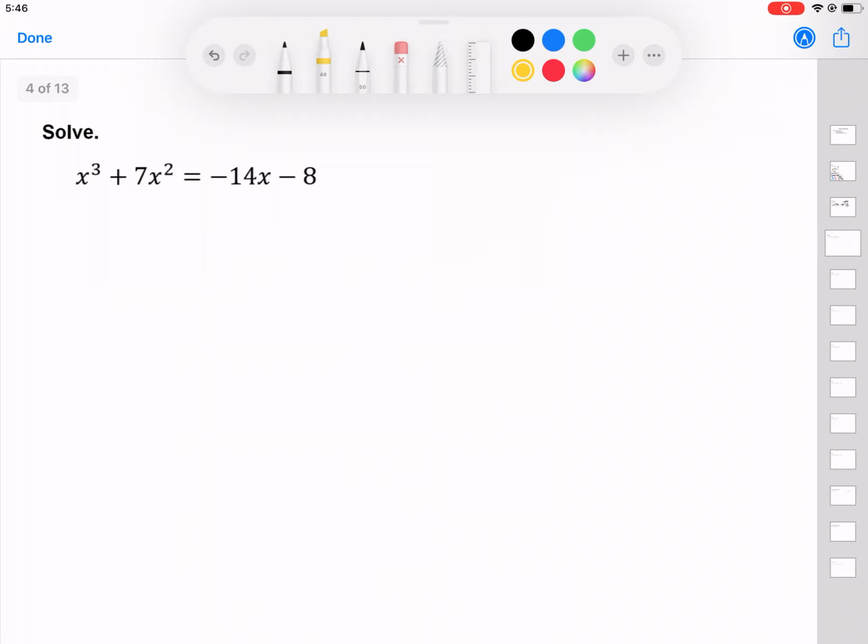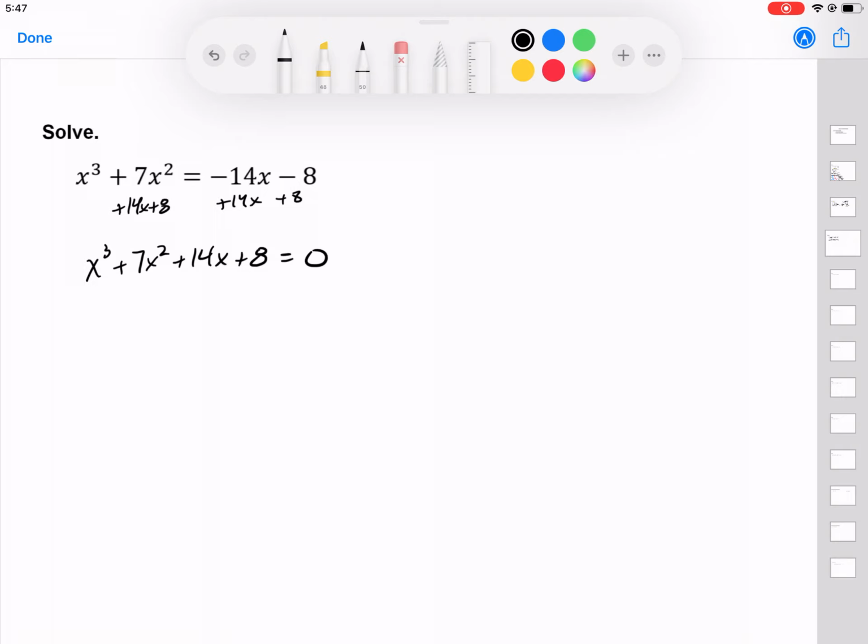All right, let's do another one. So this one's an equation, so I'm going to go ahead and, oops, forgot I was on highlighter. I'm going to move everything to one side. So I'm going to add 14x and 8 to both sides. So we have x cubed plus 7x squared plus 14x plus 8 equals 0.